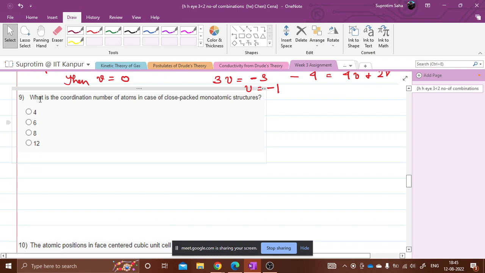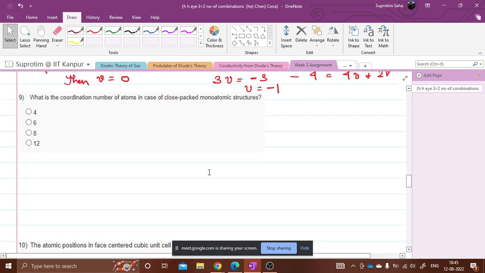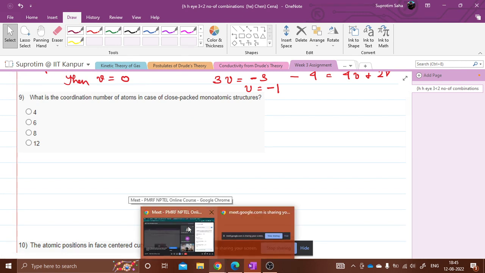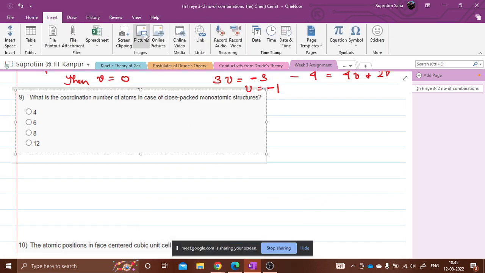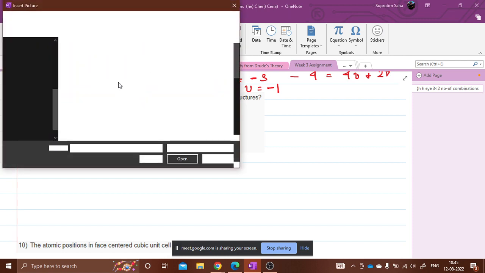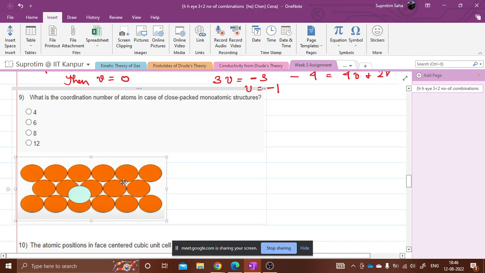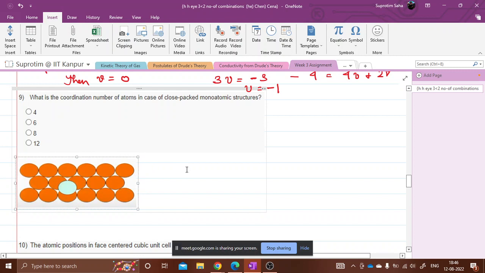So what is the coordination number of atoms in case of close packed monatomic structures, right? Let me just insert some pictures. So this is the picture. If this is your atom in a close packed structure, then there are 3 neighboring atoms, right?